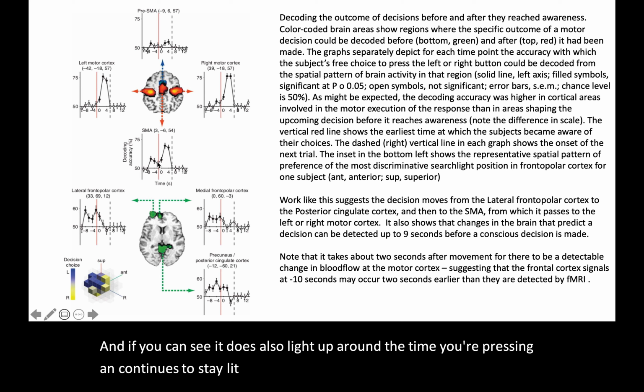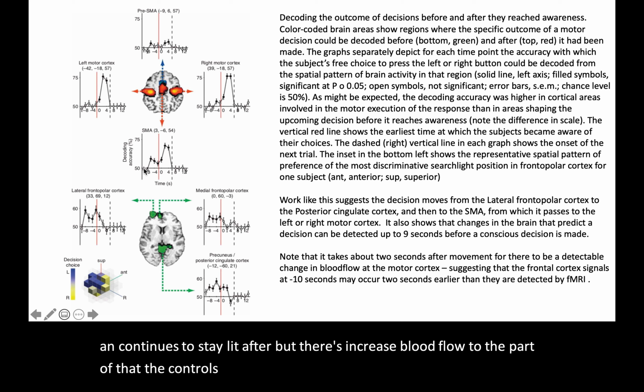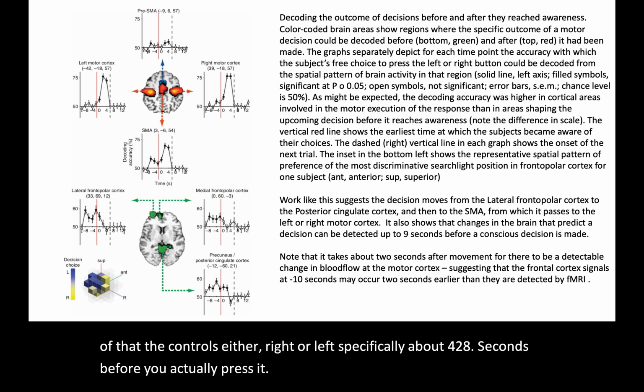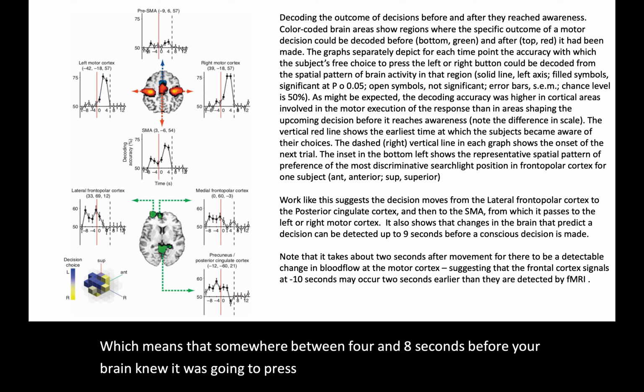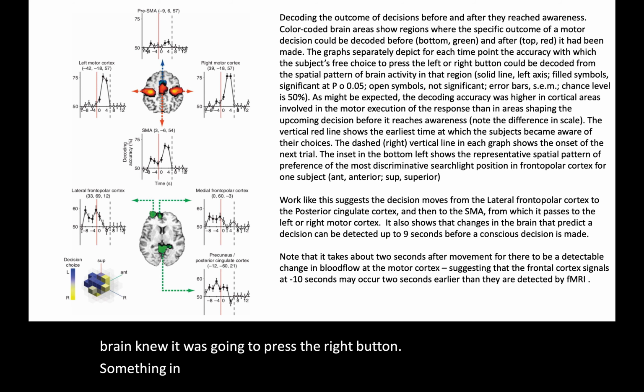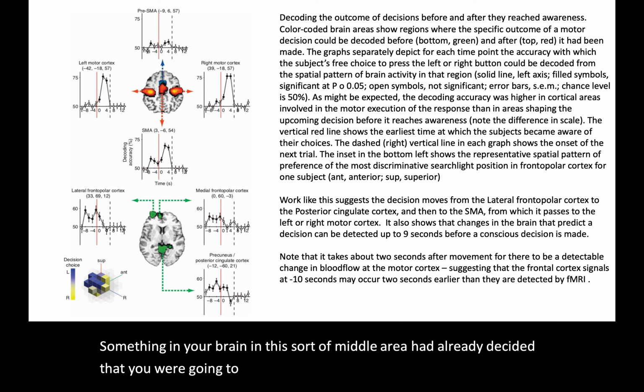But there's increased blood flow to the part that controls either right or left, specifically, about 4 to 8 seconds before you actually press it. Which means that somewhere between 4 and 8 seconds before your brain knew it was going to press that right button, something in your brain, in this sort of middle area, had already decided that you were going to press that button. And isn't that interesting?